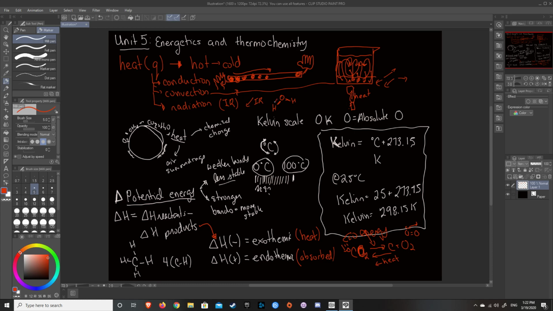What happens is that these bonds start to vibrate more, and when they vibrate more, they create friction with other water molecules in solution. By creating friction, you increase the temperature. The best example of IR radiation would be something like a glowing red hot piece of metal.